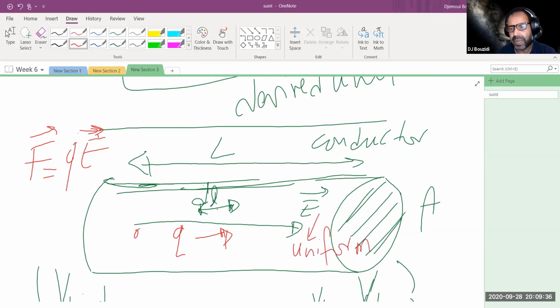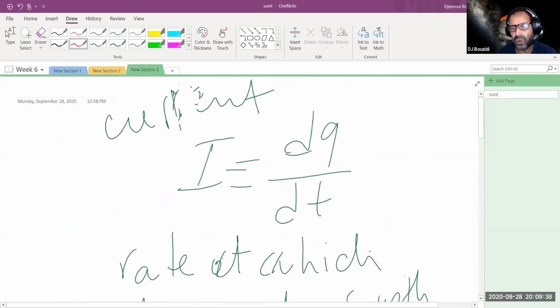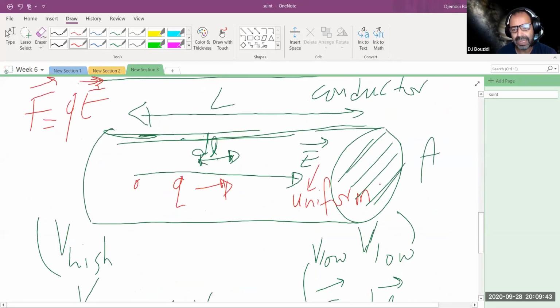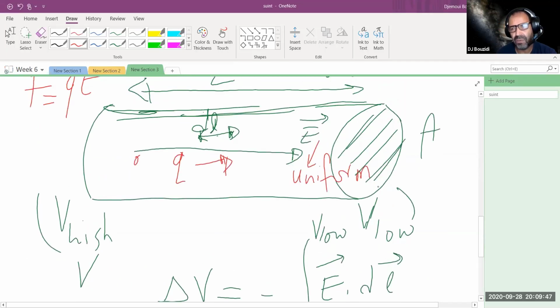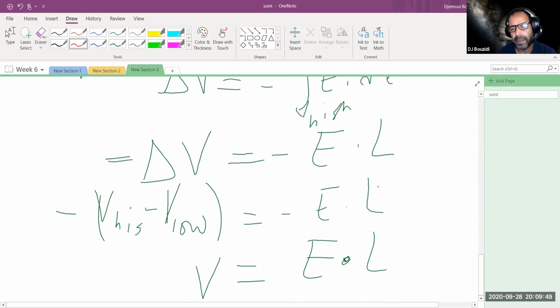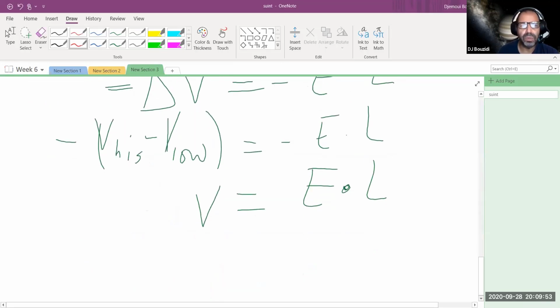So this time-dependent phenomenon is not included in the sense that we're saying that I is uniform. That's the key thing for this whole analysis. So the electric field is uniform. If it's not uniform, just integrate over the whole thing, okay? So that is an important expression, the relationship between the electric field and the electric potential in this wire.